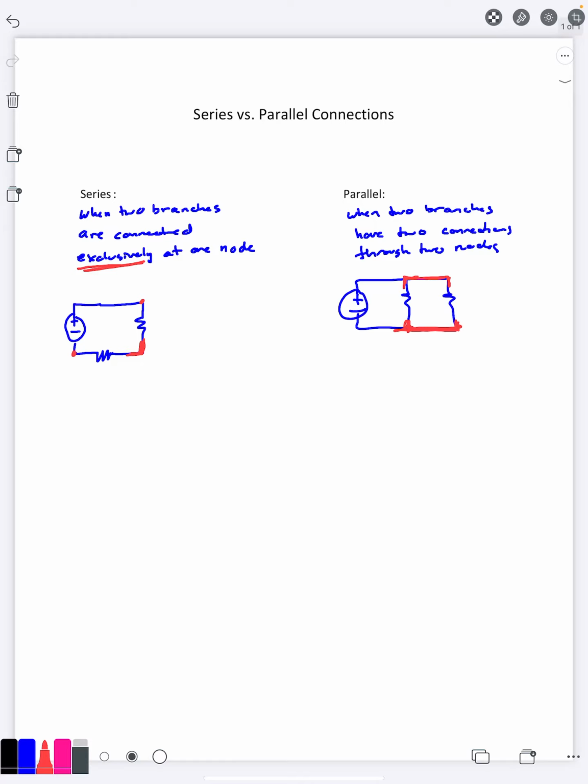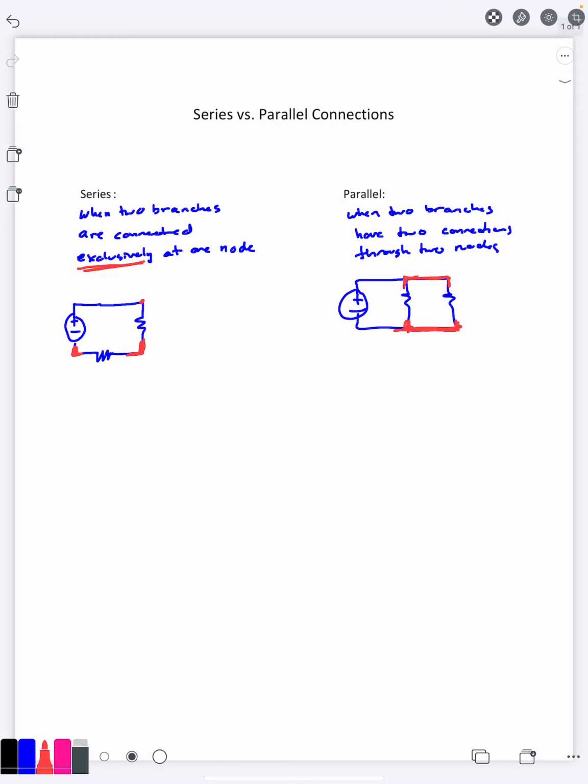Now, you may have noticed something else here. In the first picture, this source has a single connection that's exclusive to the bottom resistor, so that source is in series with the bottom resistor.